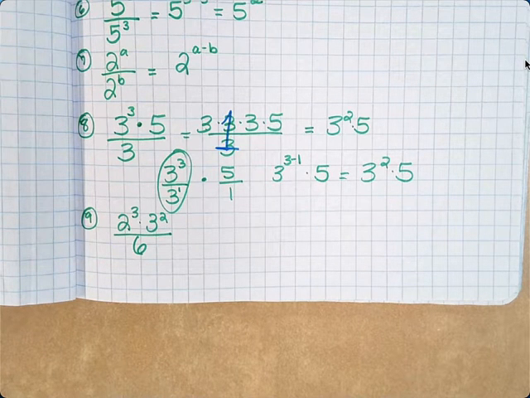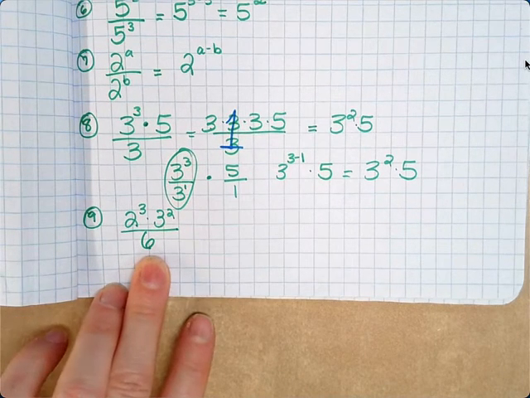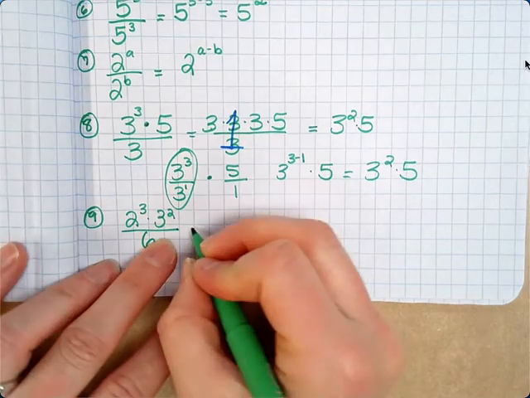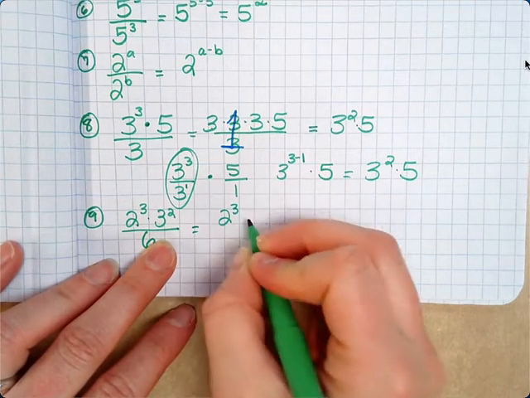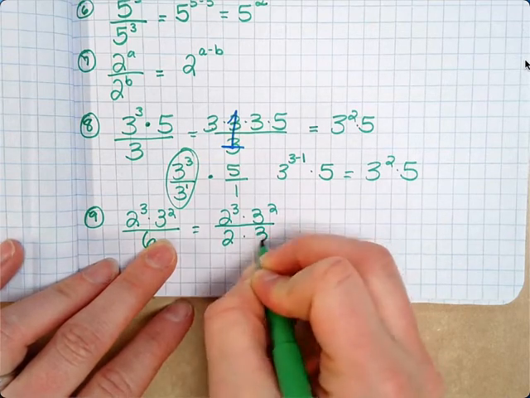We don't have any like bases. But what do we know about 6? What are the factors of 6? 2 and 3. So I could rewrite this as 2 to the third times 3 squared over 2 times 3.